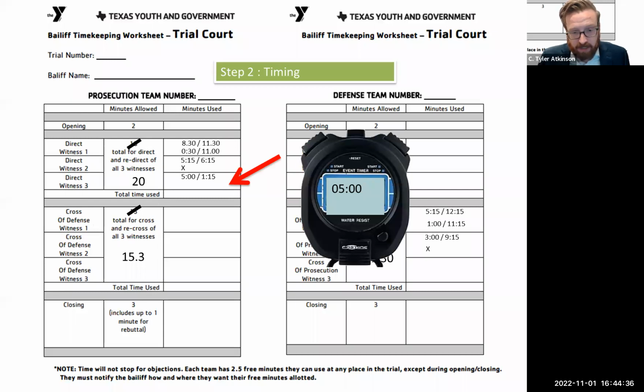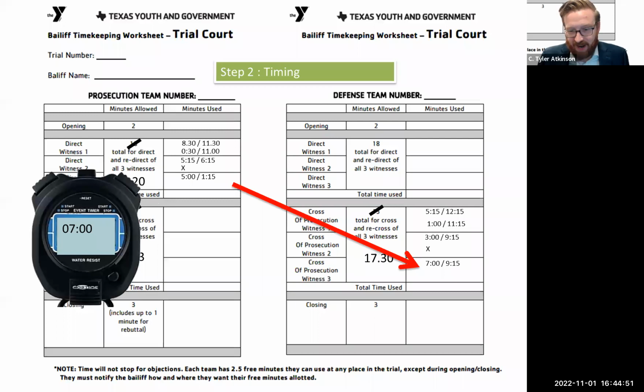On direct of witness 3, 5 minutes were used, which gets us to 1:15. I think that should be 6:45 and 1:45. So my math was off when I created the slides, I think.